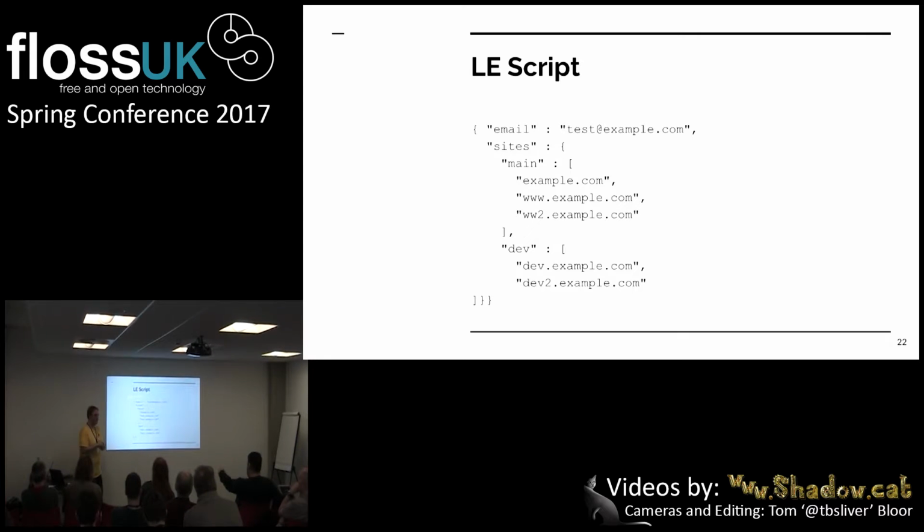Sorry, and those are each one of those domains: example, www2, dev and dev2. Those each take up a certificate of that 6 limit. This takes up 2. So that's one certificate with multiple host names under it, and that's another certificate with multiple host names under it.